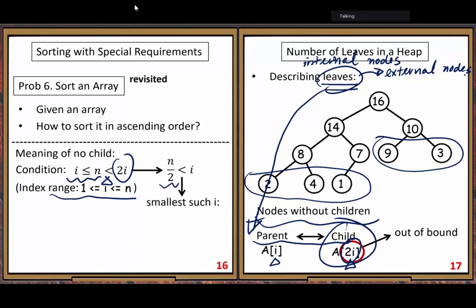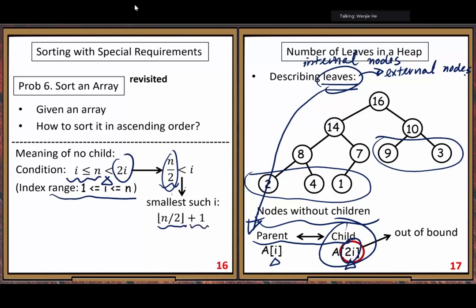How to represent it? We need an appropriate formula to represent it. That is floor function of n over 2 plus 1. Floor function, we know, is less than or equal to n over 2. Based on n being even or odd: when n is even, they are the same, and because we need strictly greater than this number, we need a plus 1.